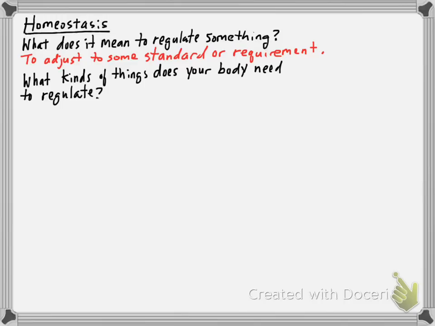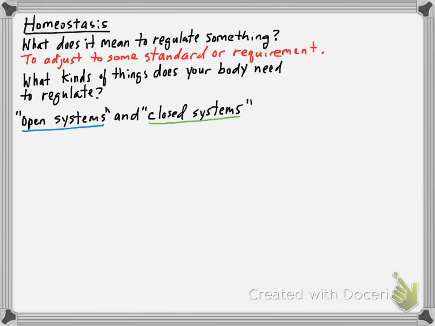In the world there's two kinds of what we call systems: open systems and closed systems. The first one we're going to talk about is a closed system. When we have a closed system, there's nothing being exchanged with the environment around it.